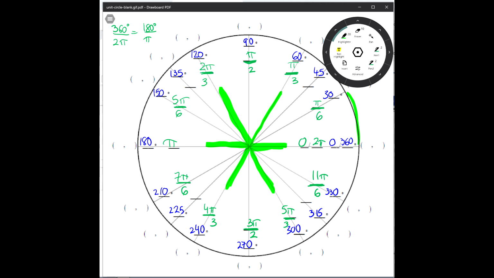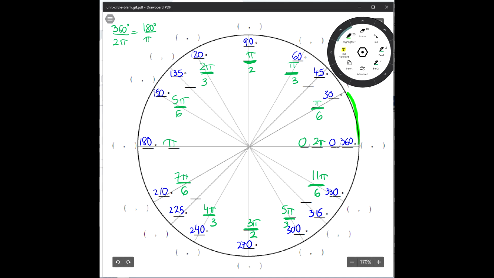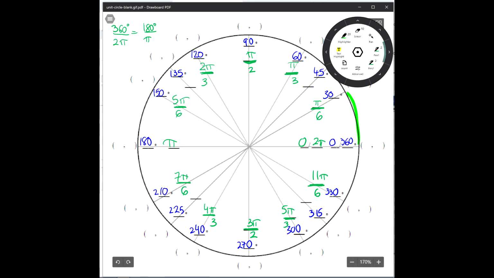Okay. Now, next one, we have 45 degrees. If you do the unit conversion, 45 degrees will give you pi over 4. So I start with 1 pi over 4, so just pi over 4.